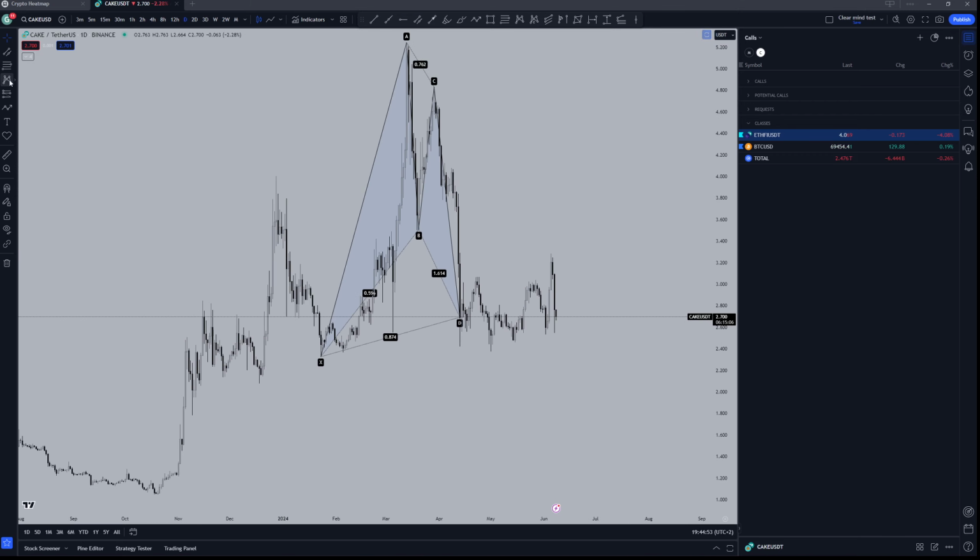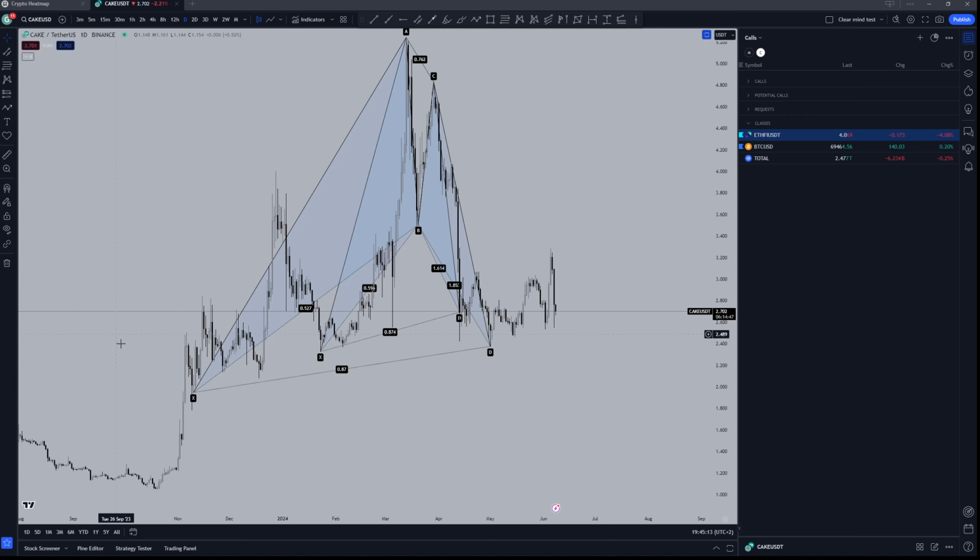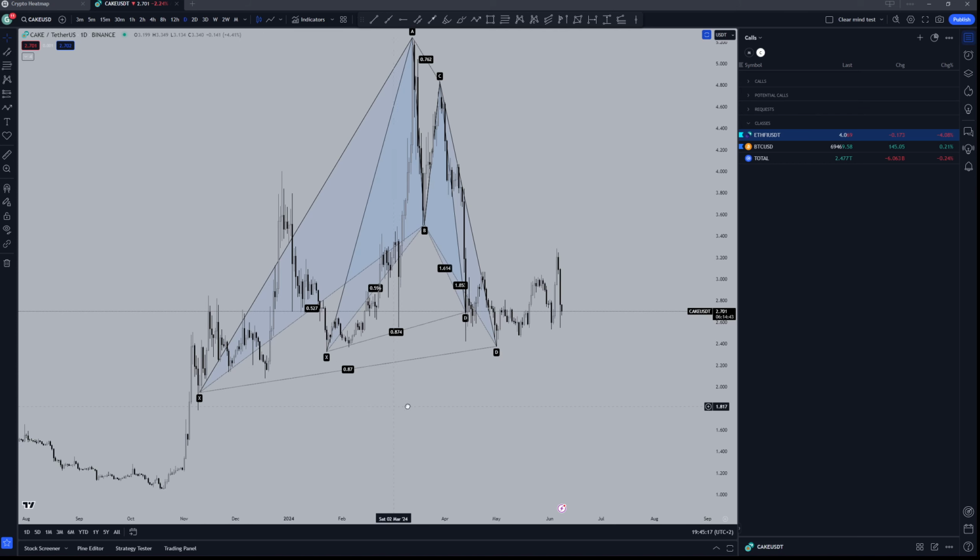Let's see if we can actually make a proper Gartley out of it if we take it from a bit lower. No, okay, we could count this as a pad, but this is not a proper bottom.